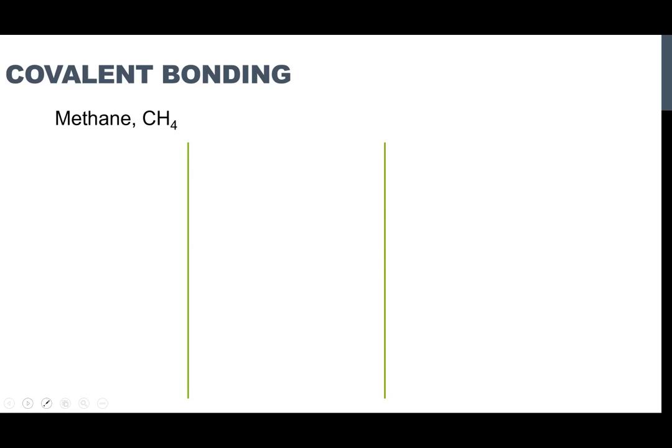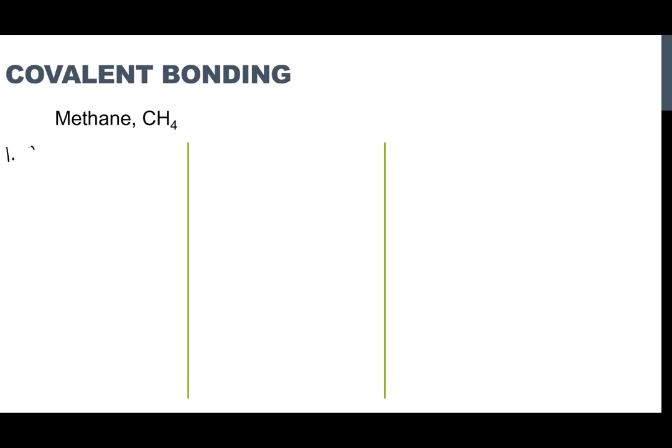So let's do some examples. Go ahead and pause the video and see if you can get the Lewis structure for CH4, methane. All right, so the first step here is to calculate the total number of valence electrons brought to the party.